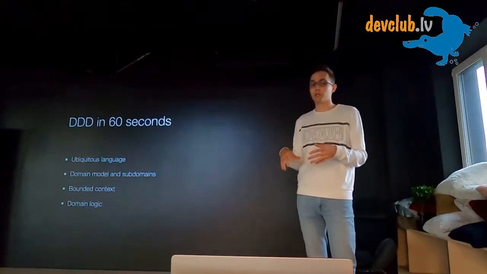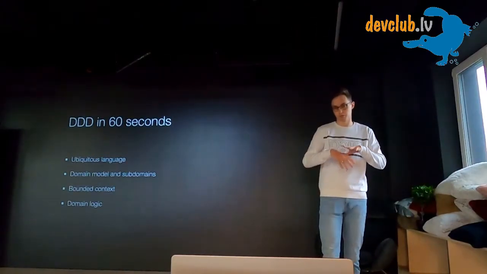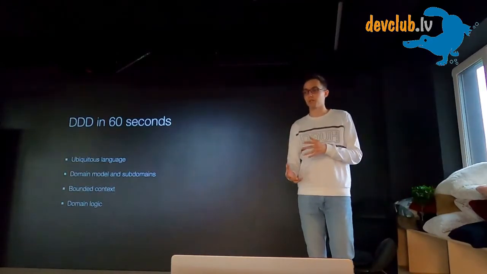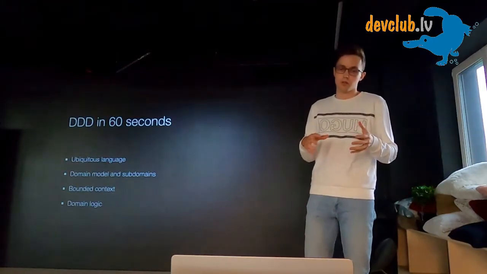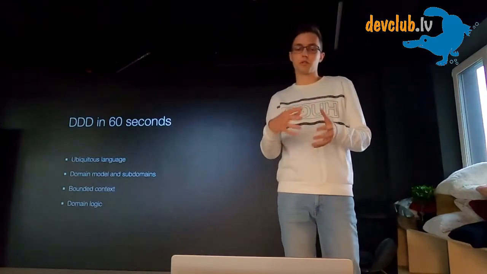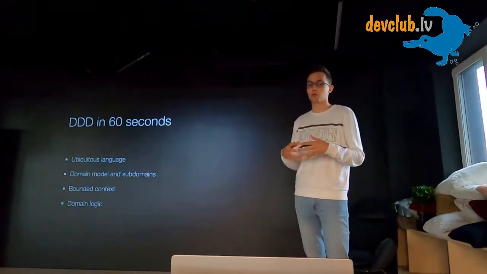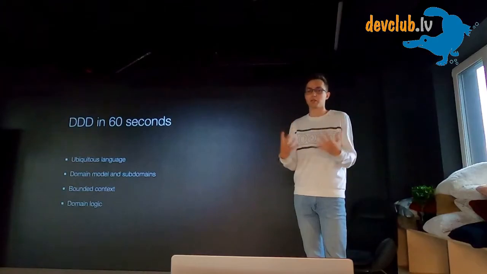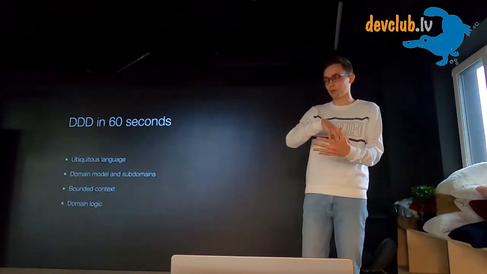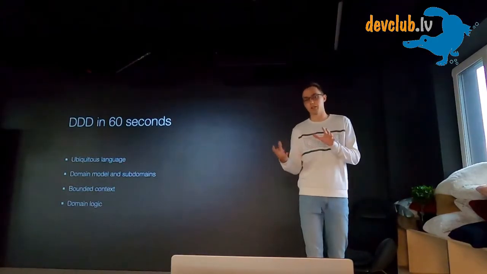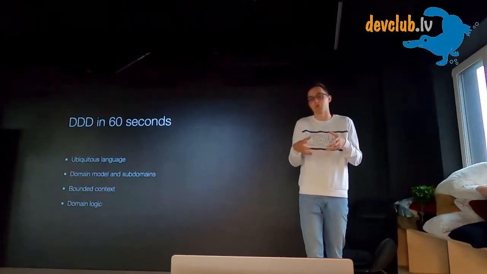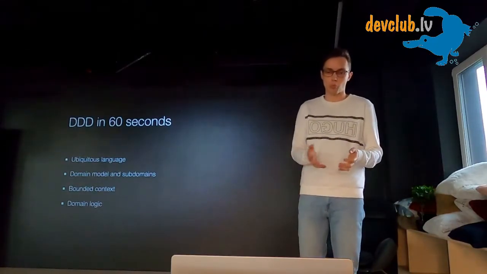So the only way to improve on that and be able to make conscious and easy decisions is to create a ubiquitous language between all of those departments, at least while you're talking about your business core and clients.